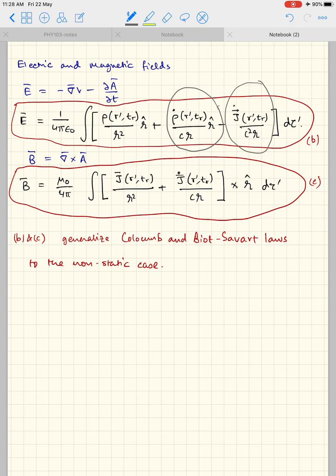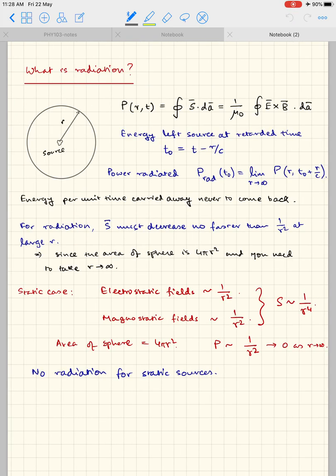So these pieces all go as 1 over r. So if E and B both go as 1 over r, in that case, S goes as 1 over r squared, and P is going to go, there is a 4 pi r squared on top, and there is a 1 over r squared downstairs. So that is going to give you a finite number when you take r going out to infinity. Okay. All right.